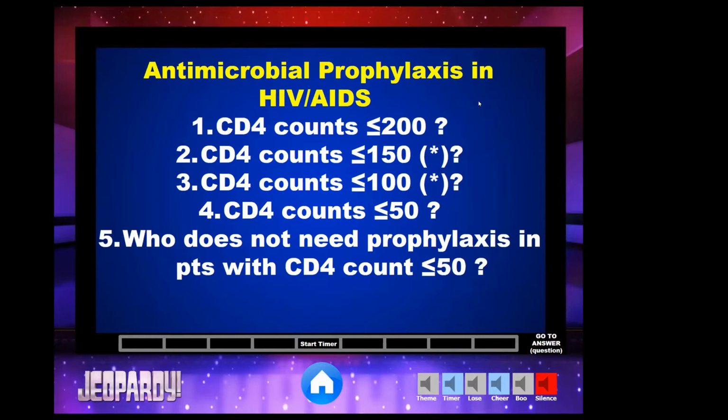For 50 we don't, because we used to do it for MAI, Mycobacterium avium intracellulare, but not anymore.